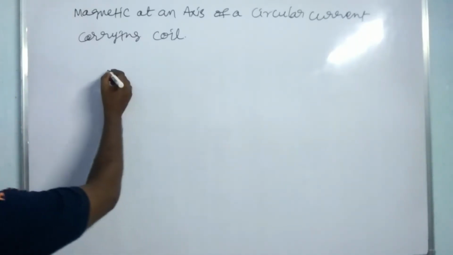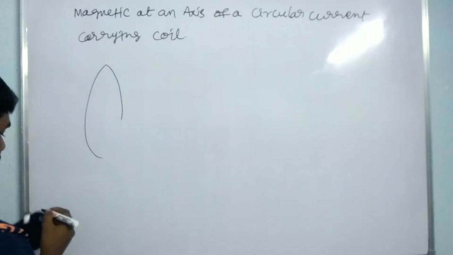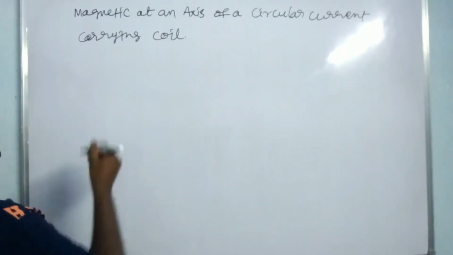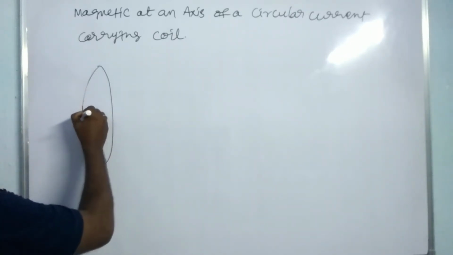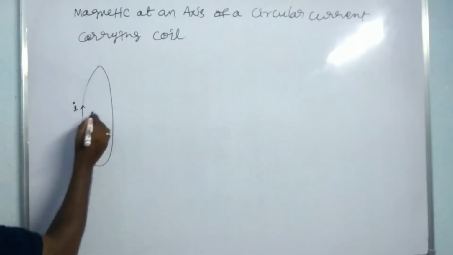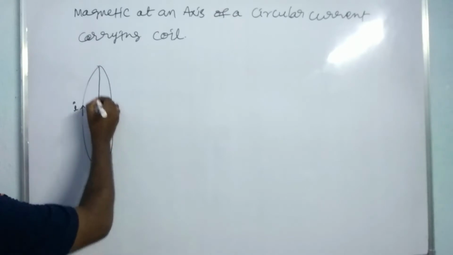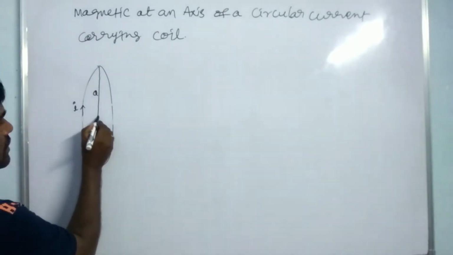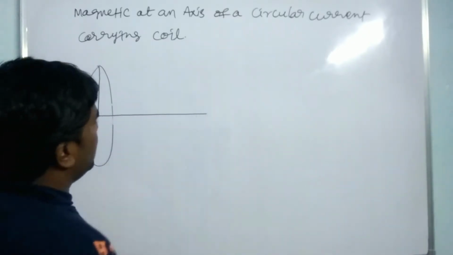So here there is a circular current carrying coil, having the current I. From the center point, the radius of the coil is A. On the axis of the coil, this is the axial line.